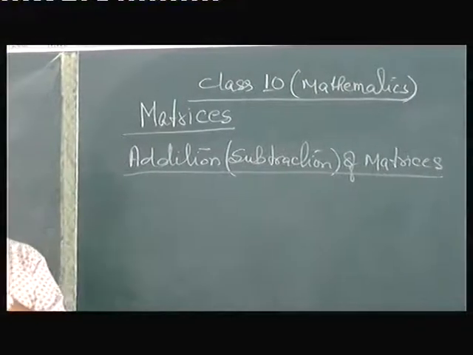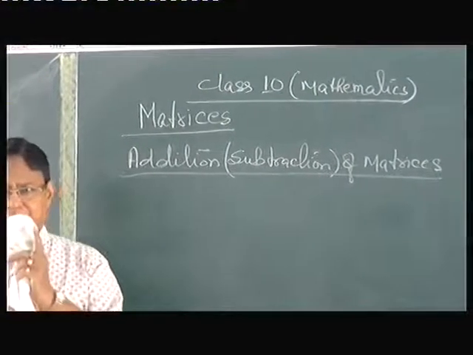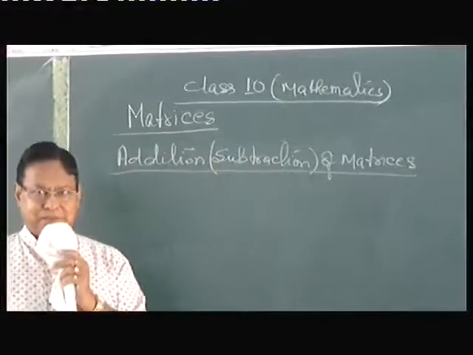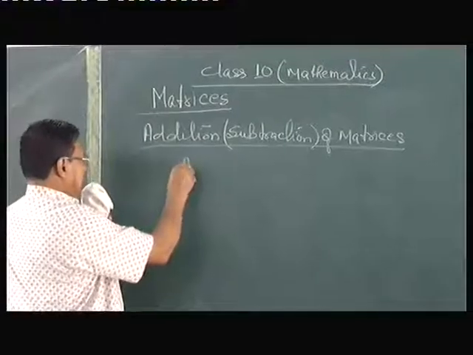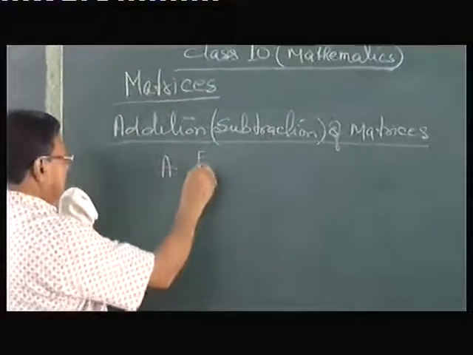Addition and subtraction of matrices. So I said only like matrices can be added together or subtracted. So let A is equal to this.